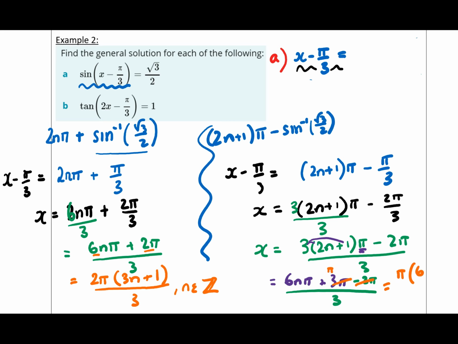And so I've got 6n plus 1 over 3. Now I don't have room on the screen to do this, but hopefully you'll also say n is an element of z. So there you have it.